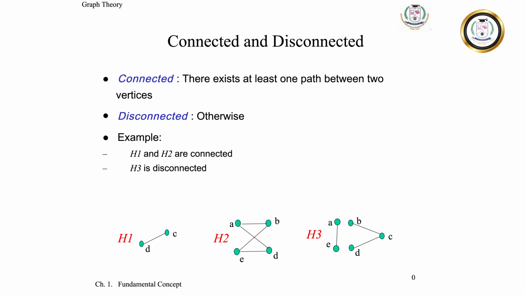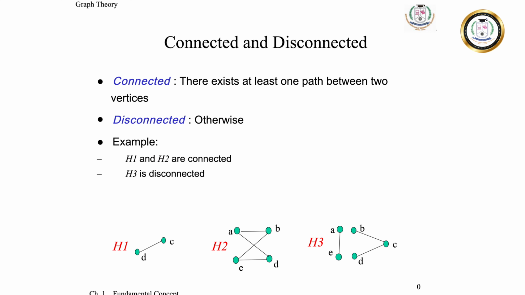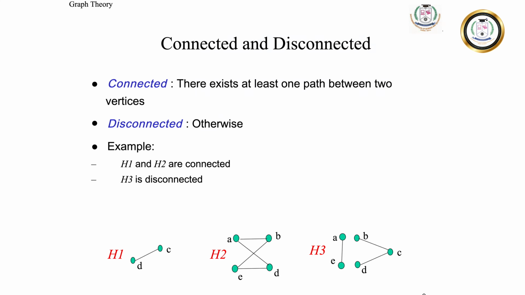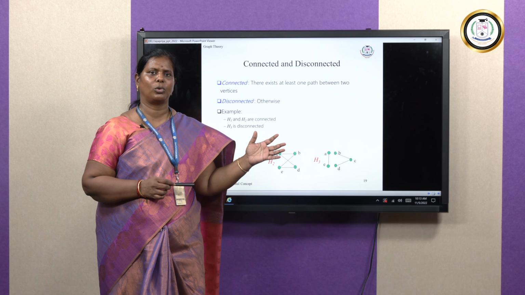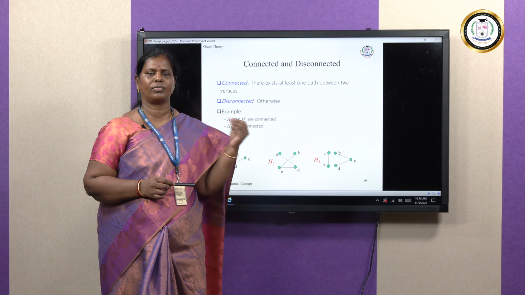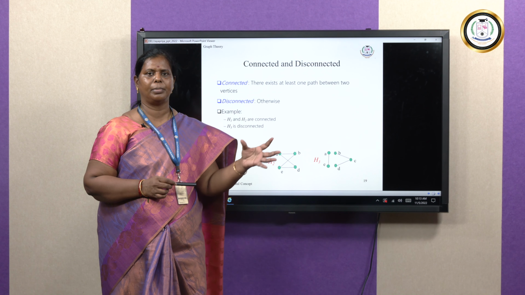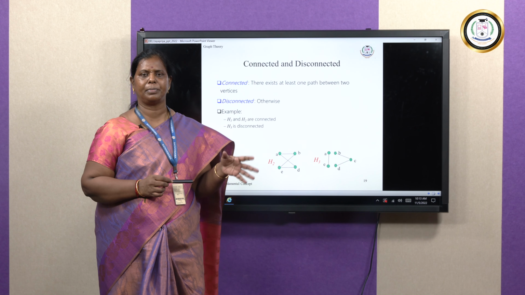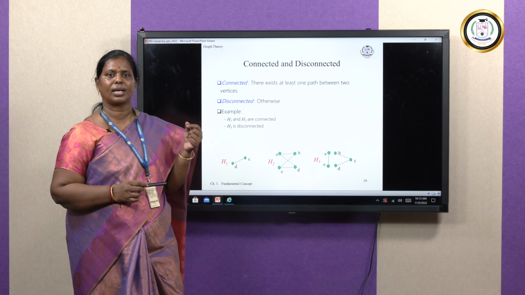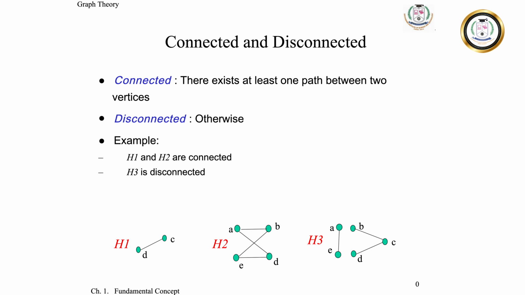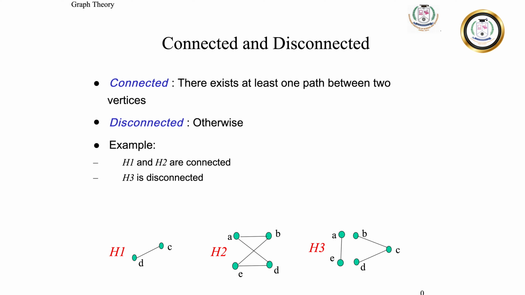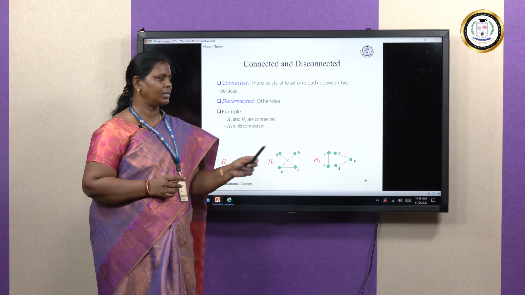Now let us look at the meaning of connected and disconnected graphs. We have seen the adjacency of vertices and neighbors of vertices. Let us peep inside the meaning of connectedness in a graph. If there exists at least one path between any two vertices, we call it connected. Here is an example.